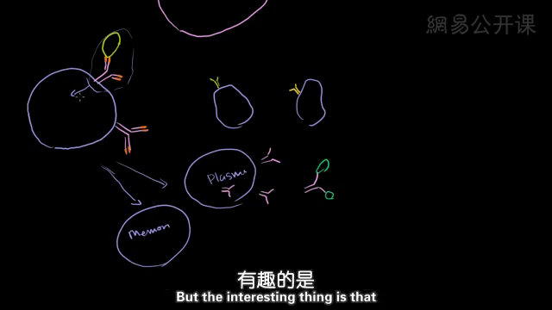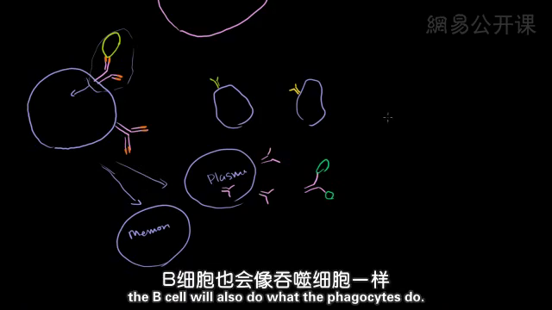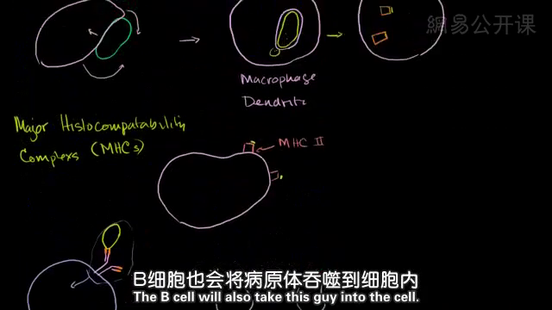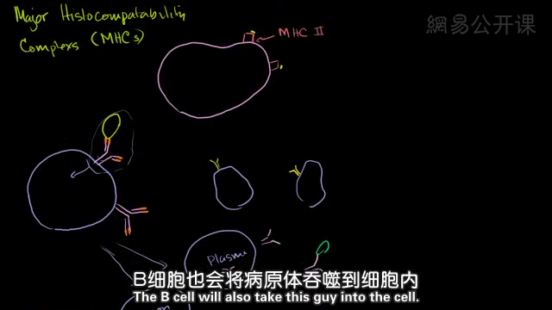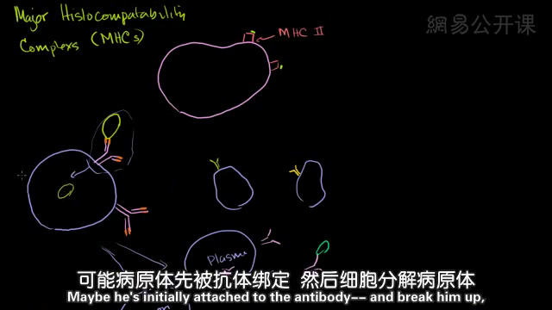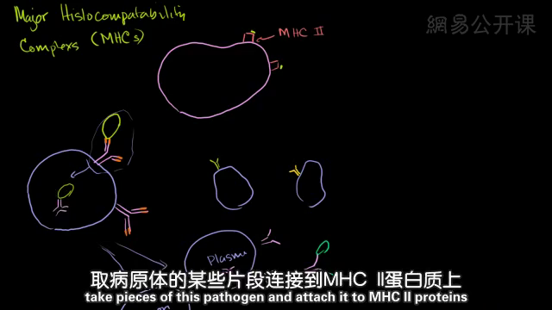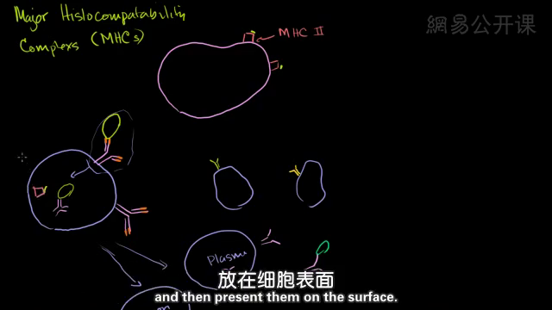But the interesting thing is that the B cell will also do what the phagocytes do. The B cell will also take this into the cell, maybe initially attached to the antibody, and break it up, take pieces of this pathogen and attach them to MHC2 proteins, and then present them on the surface.